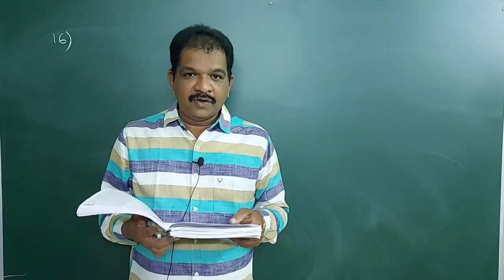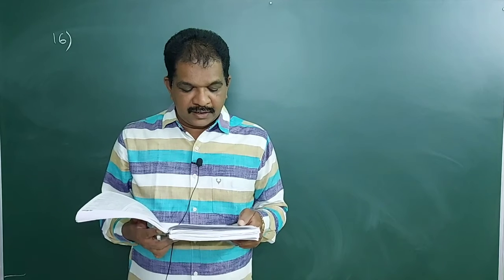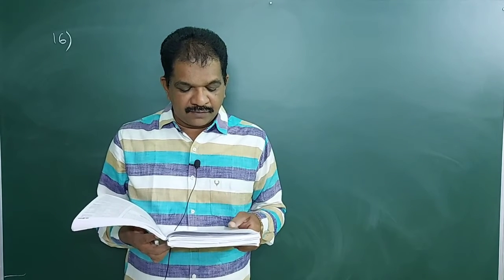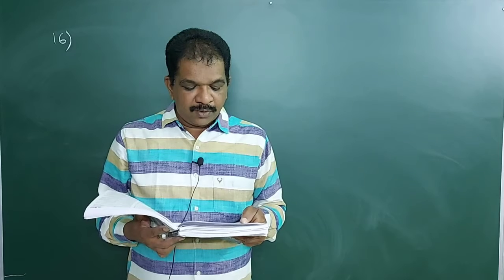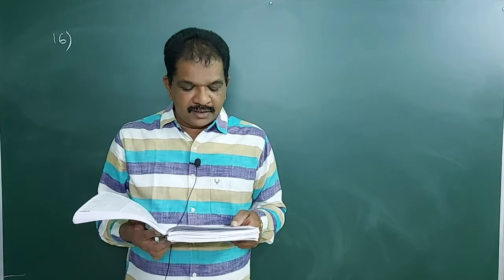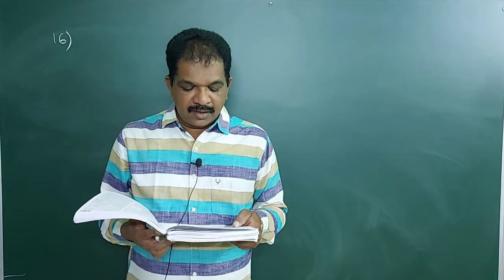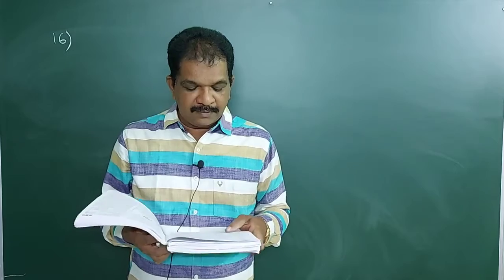A block of ice at 0 degrees centigrade rests on the upper surface of the slab. In 1 hour, 4.8 kg of ice is melted. The thermal conductivity of the slab is?